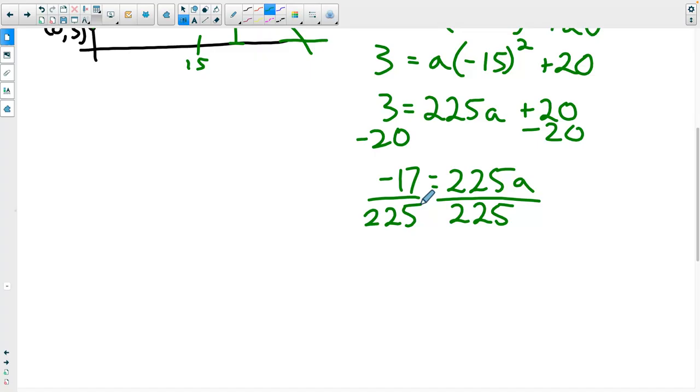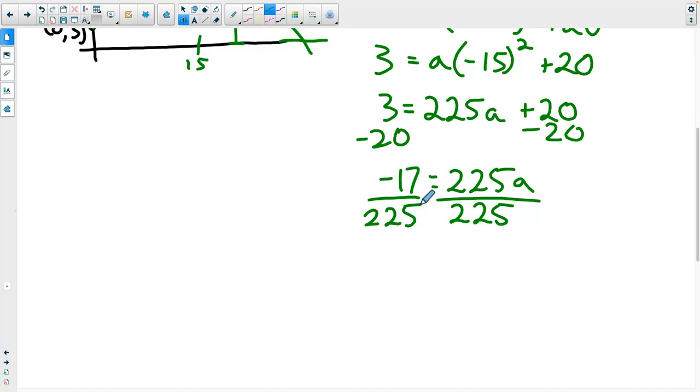All right. For those of you with a calculator, like this blue one, this TI-30, what you do is you type in your fraction. So I'll type in negative 17 divided by 225, and I hit enter. That gives me that long, nasty number, which I don't want.